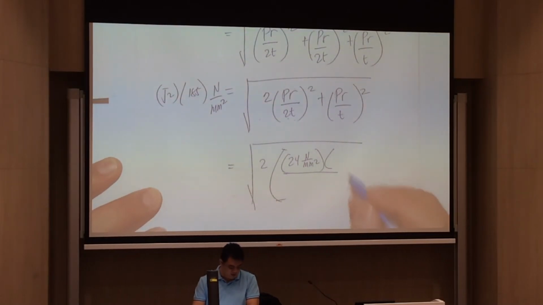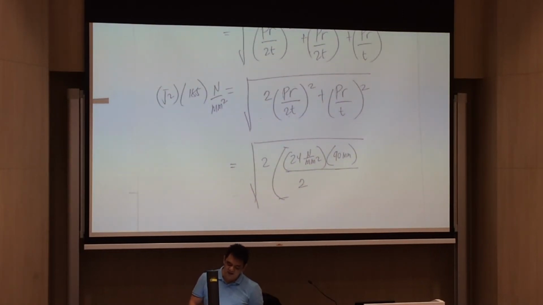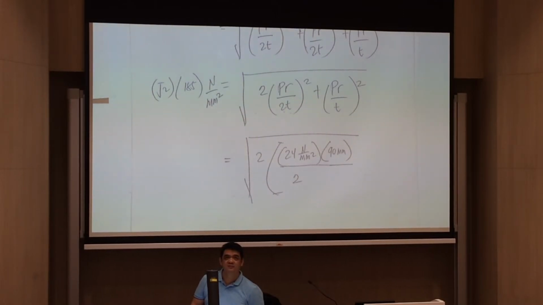So your radius will be, my radius will be 90 millimeters. And then I have here twice the thickness. Actually, we can further simplify this one, yes? Just leave it.